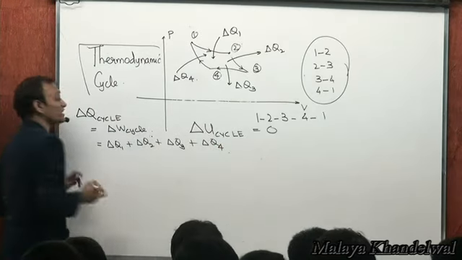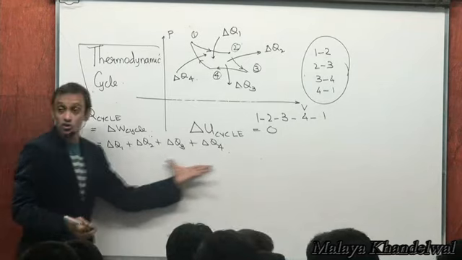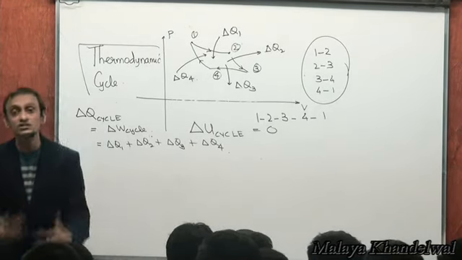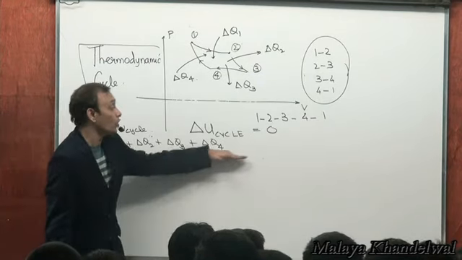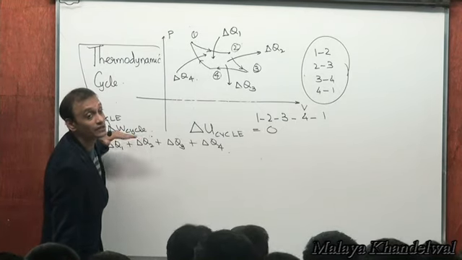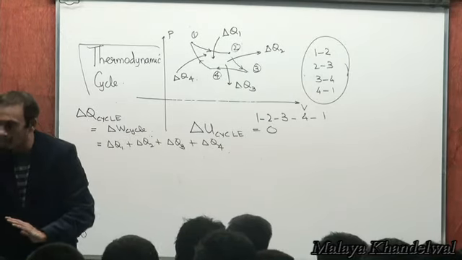The algebraic sum of these delta Qs, some of them positive, the others negative, would give me the net delta Q associated with the cycle, the algebraic sum of all the delta Qs in various processes that involve the cycle, right? This is also equal to the net mechanical work output of the cycle. Clear?